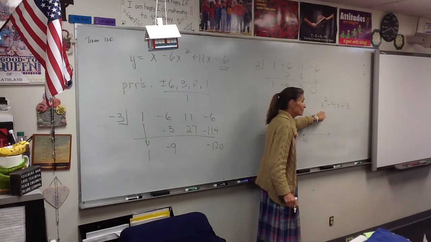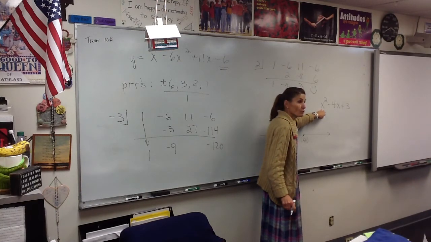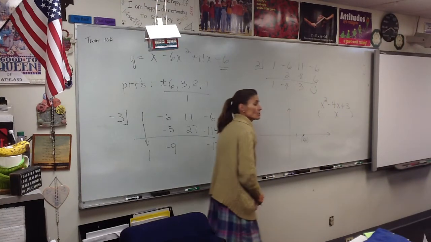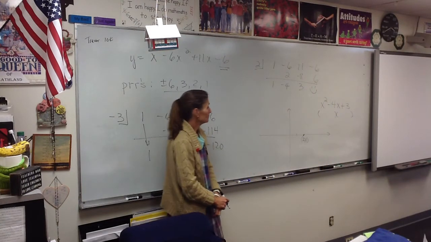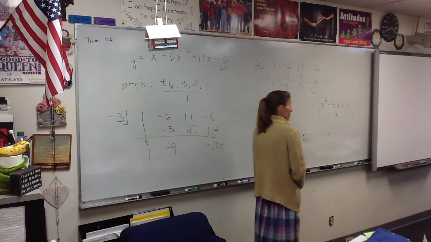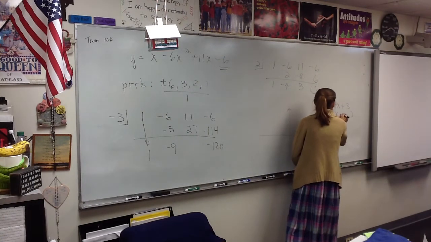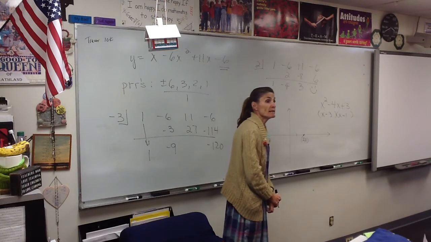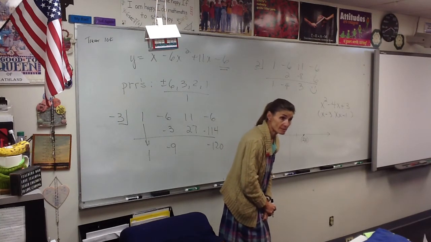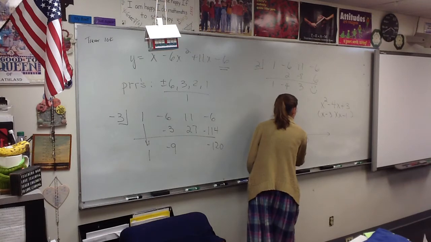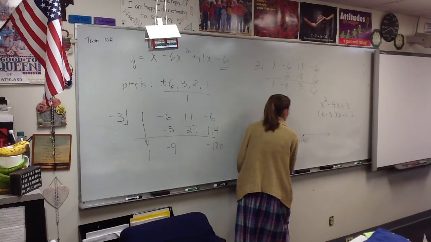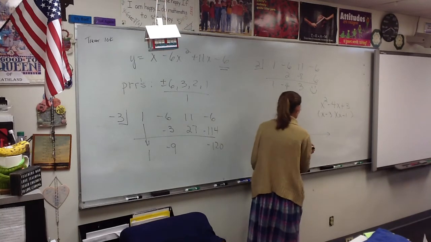Jennifer? And a little quadratic, you should just factor. So how does that factor? x minus 3, x minus 1, which tells me that my other 2 dots are at 1 and 3. 1 and 3?